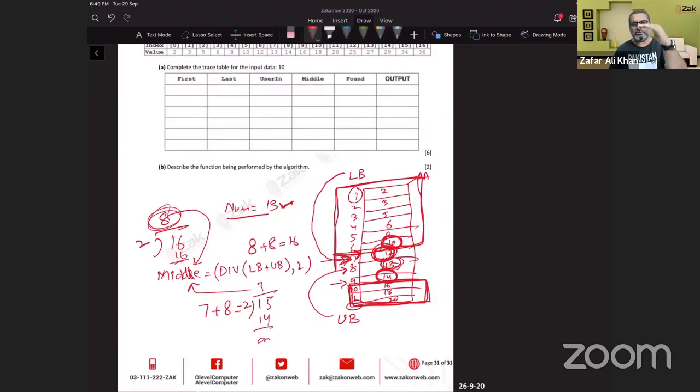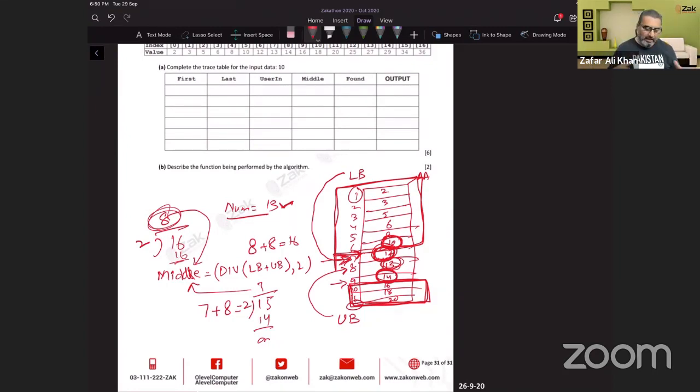You go to the middle, you see if the value is there that you are looking for. If it is not, then you have to compare if the value that we are looking for is higher than the value at this current location or not. If it is higher, we ignore the upper part and we bring the lower bound down. If it is lower, then we ignore the lower part and we bring the upper bound up, and we keep changing upper bound, lower bound, upper bound, lower bound, and finally we reach that value.